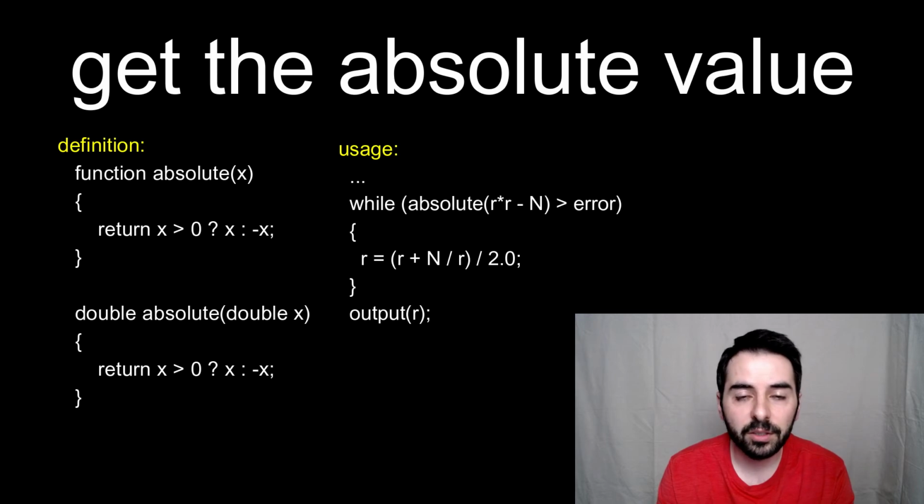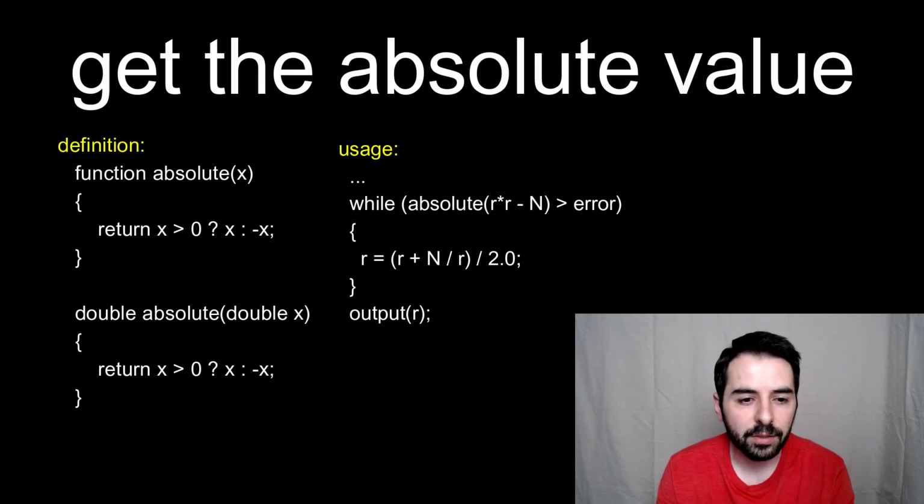So the signature will be double absolute, and in parentheses double x. And then the result is: if x is greater than 0, return x, otherwise return minus x. In a dynamically typed language, again I picked JavaScript for this example, it would be function absolute(x), and then the body is the same.